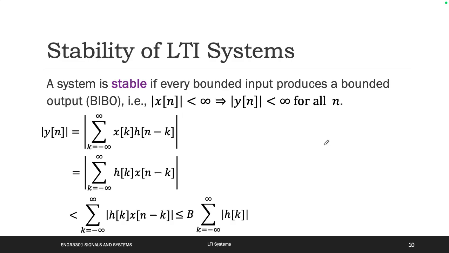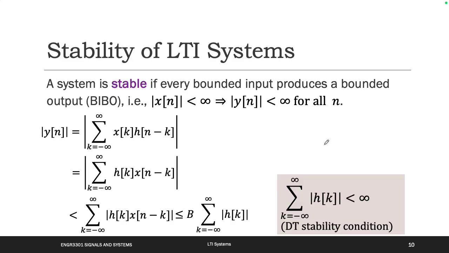If this part is smaller than infinity, then your output is bounded. That makes sense to you? So whether your DT or CT system is stable or not depends on the impulse response: if your impulse response is absolutely summable, bounded, then your LTI system is stable.